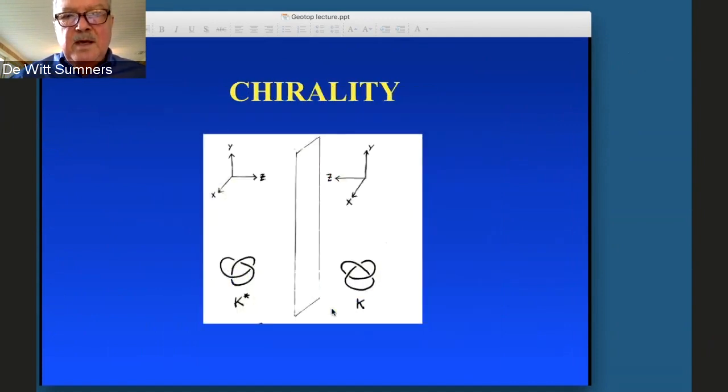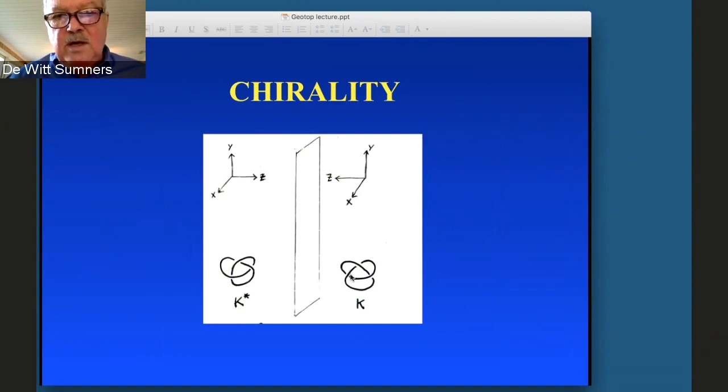So another very important thing is chirality, handedness. This is a right-handed coordinate system, x cross y equals z. And if you take the mirror image in this plane, you change the sign of the z-coordinate, and this is now a left-handed coordinate system. And here I've got the right-hand trefoil knot, and its mirror image over here, K star, is the left-hand trefoil knot.